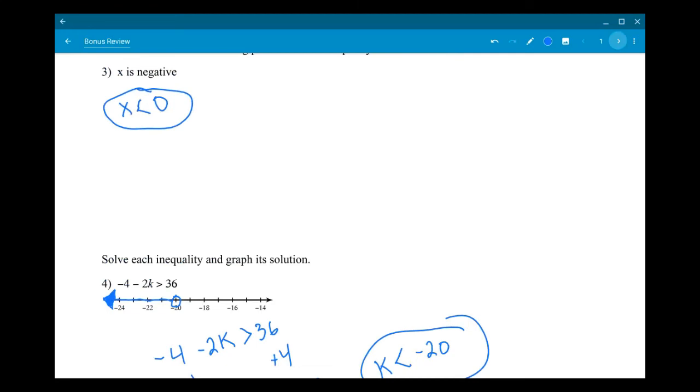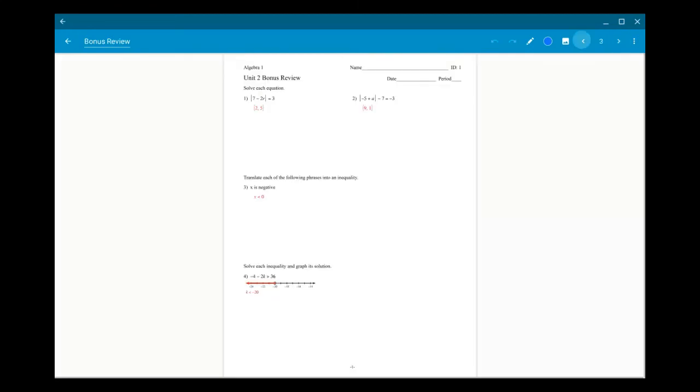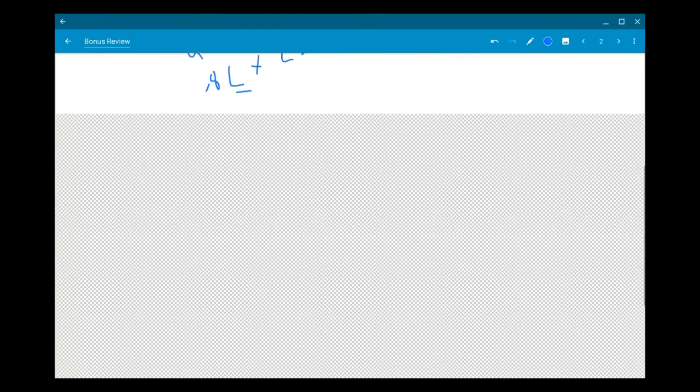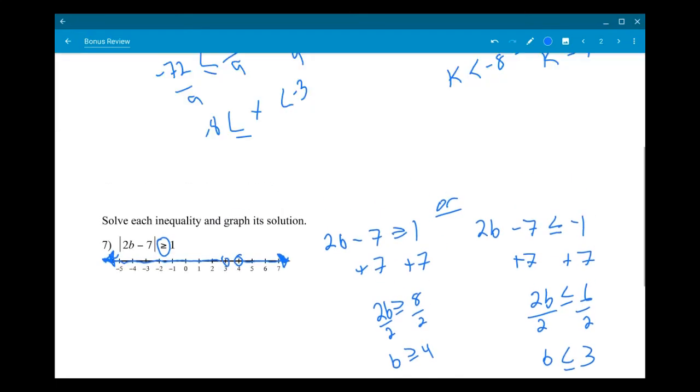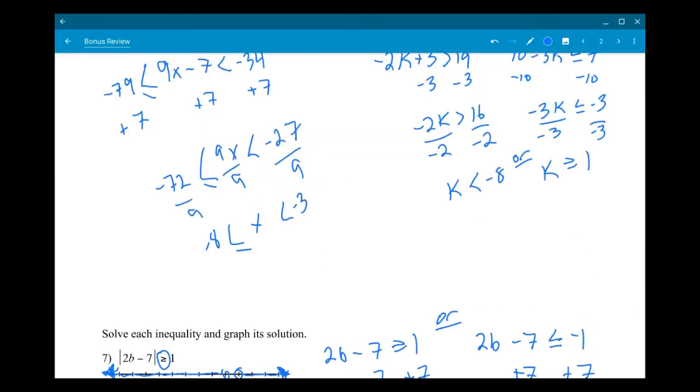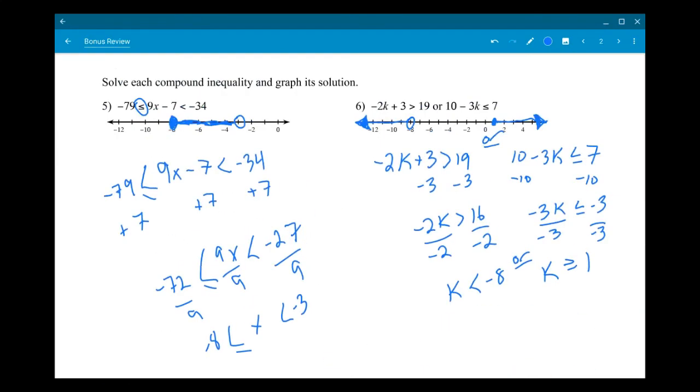Even if you look at the very end, we had an absolute value inequality, so it didn't even have an equal sign, it had a greater than or equal to sign. We still set up 2 equations. So that whole idea that absolute values turn into 2 answers is an important one. And then just making sure you know how to put your solution on a number line. That's kind of a big deal as well. Those are the major points.